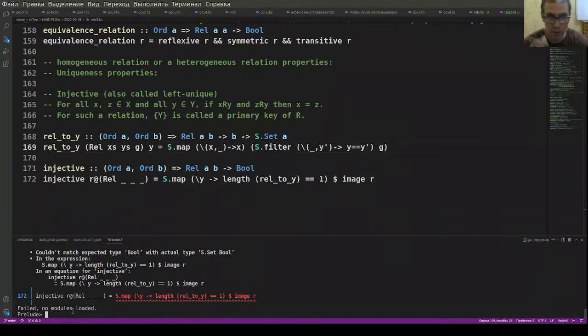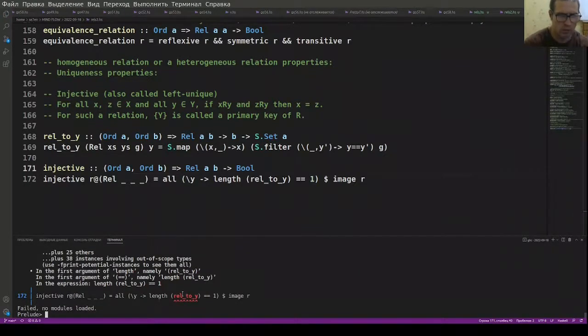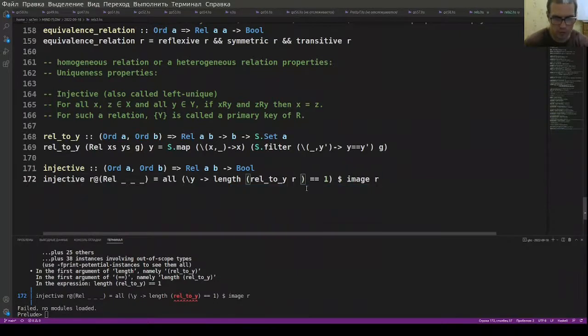I need to check that all of it holds. So I need to use the all function here. So why do this mapping? I can use all, and here I can use this predicate. Yes, why not? Rel to y needs two parameters. It needs our relation and it needs our y.